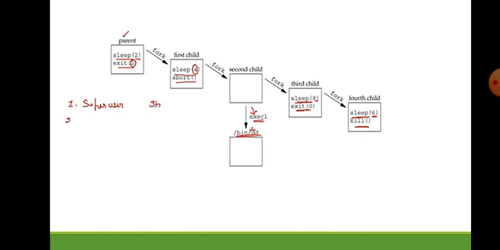Now after gaining the super user privileges, what do I need to do? I need to execute this command accton, which can be executed only by the super user, with a parameter that I have to pass to enable the accounting. So this is the command that I need to execute to enable the recording.